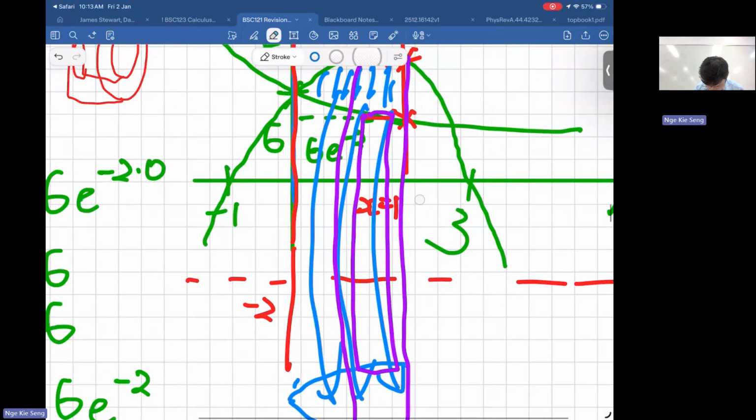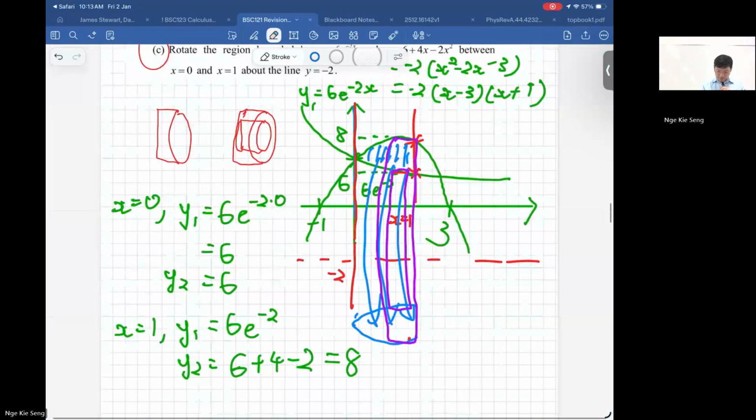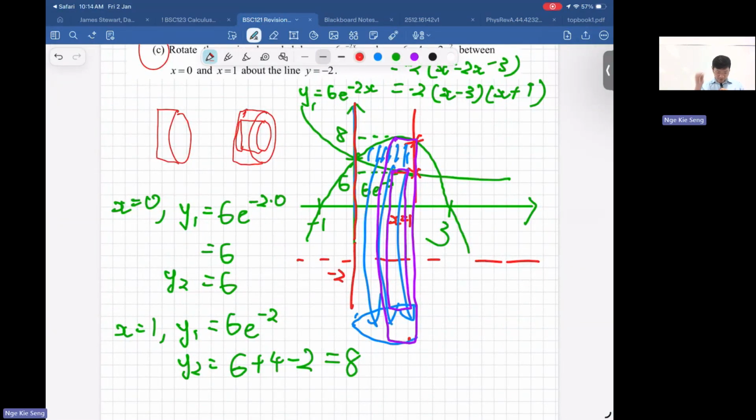Why is there this color? Maybe use the black one. If you pick from the middle point here, R out is y2, and then R in is y1.